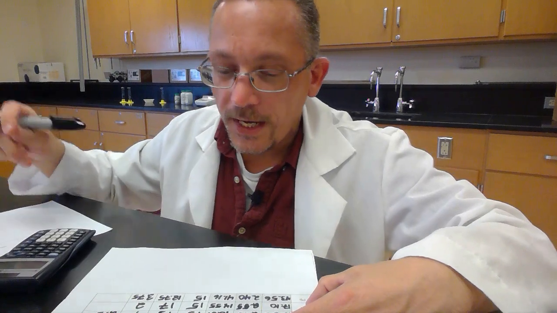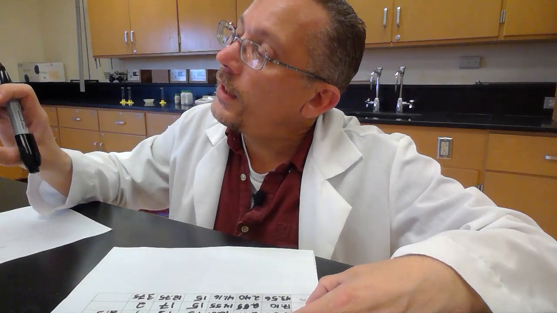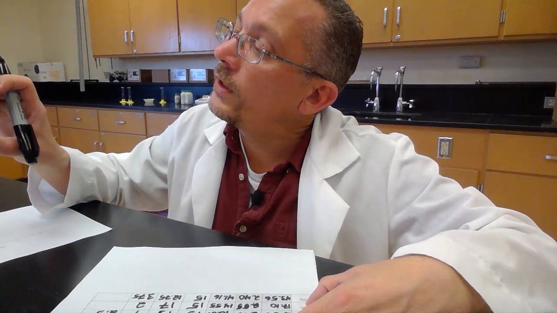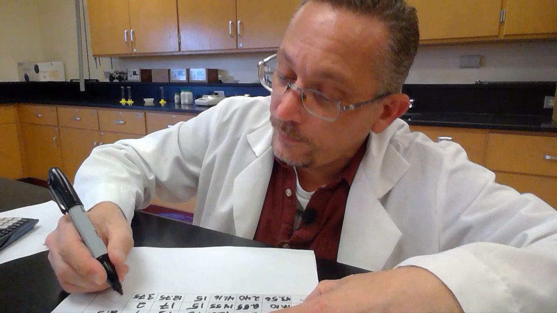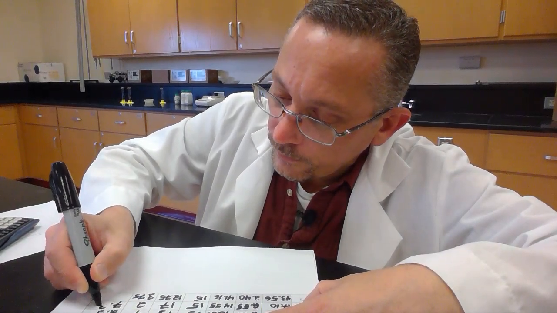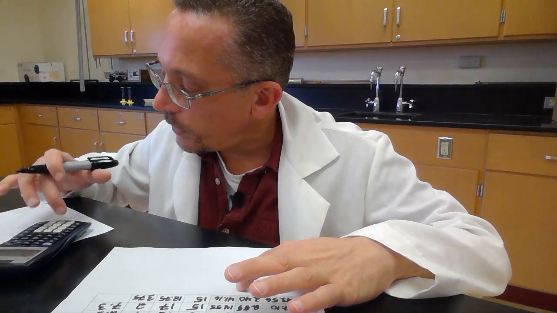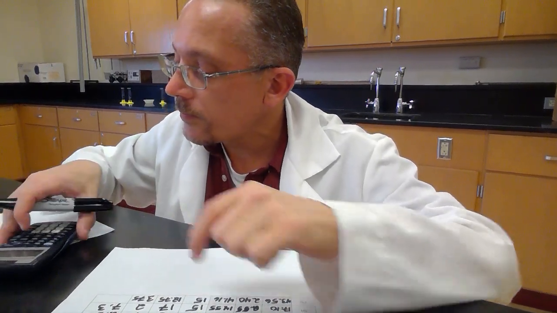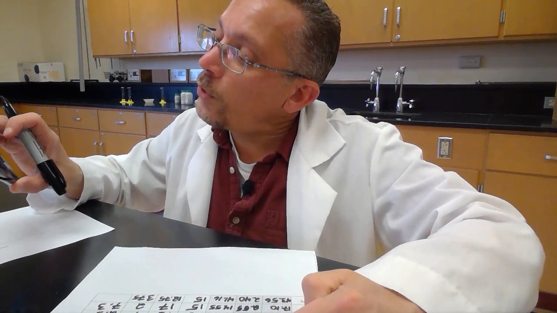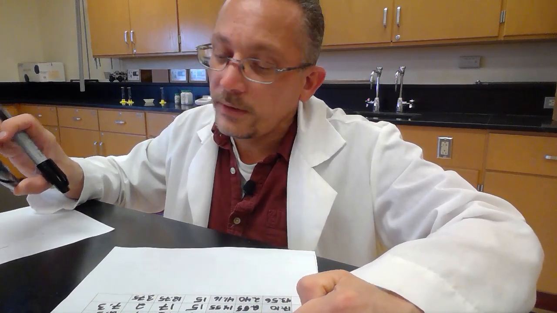For tin, I have 14.55 divided by 2. And let's see, we'll round this off to 7.3. And then for lead, we have 41.16 divided by 3.75. And I get 10 point, we're just going to round that off to 11.